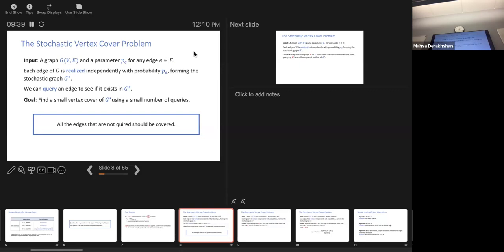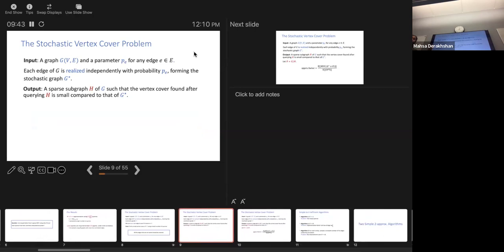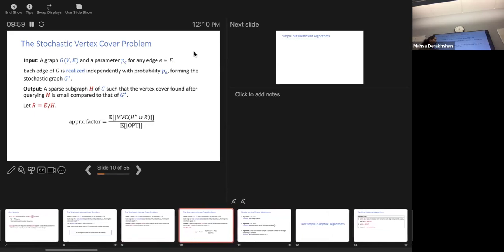Put differently, I want to pick a sparse subgraph H of my input graph, such that after I query the edges and see the realization of these edges, and find the minimum vertex cover of the realized edges and any edge that I didn't query, that should give me a good approximation.